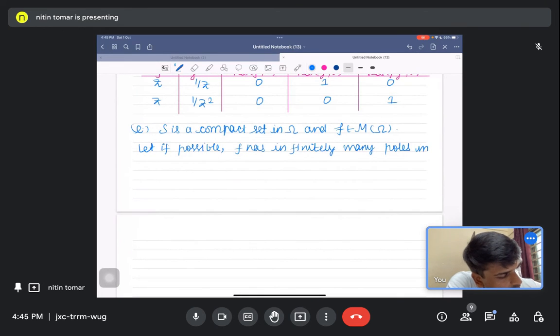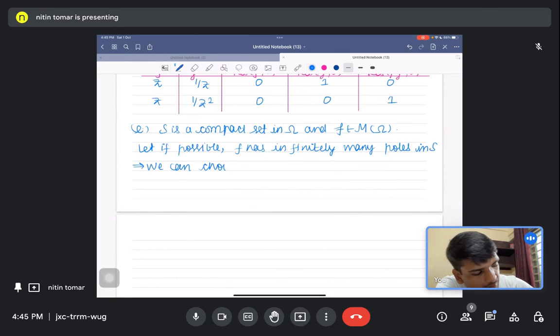Now S is a bounded set, and if it has infinitely many poles, every infinite set of points has a limit point in a bounded set. Yes or no? Yes, sir. So because it has infinitely many poles, we can choose a sequence of poles, right?